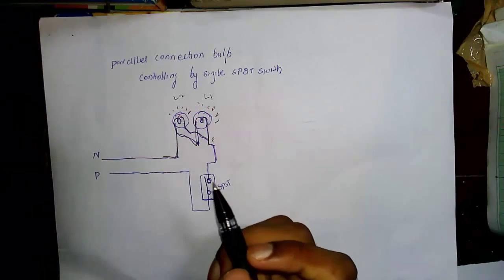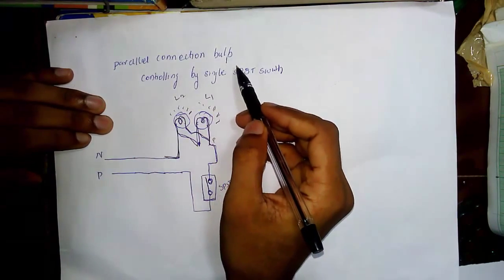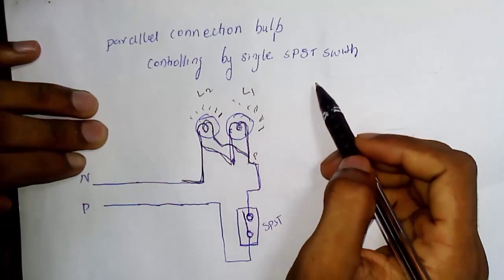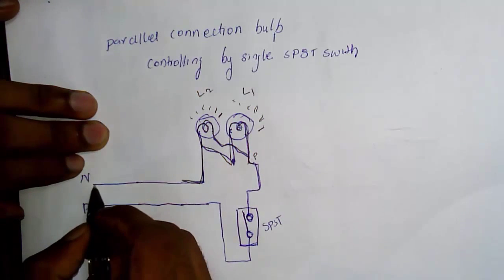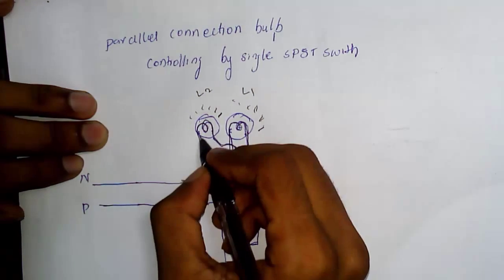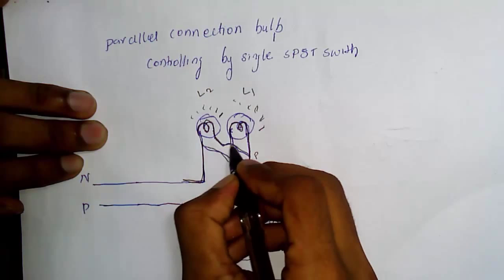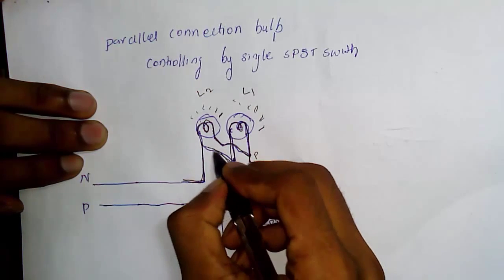Hi friends, this is the connection diagram for parallel connection of bulbs and controlling them with a single switch. The bulbs are connected in parallel, as these two ends are joined and these two ends are joined.